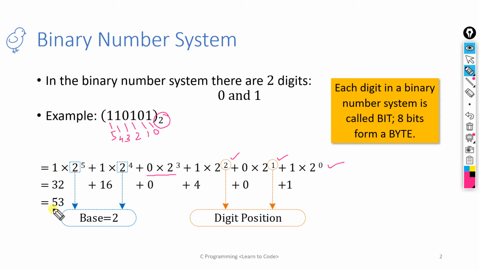When you calculate this, you will get 53. So what is this 53 actually? It is the decimal equivalent of this binary number.